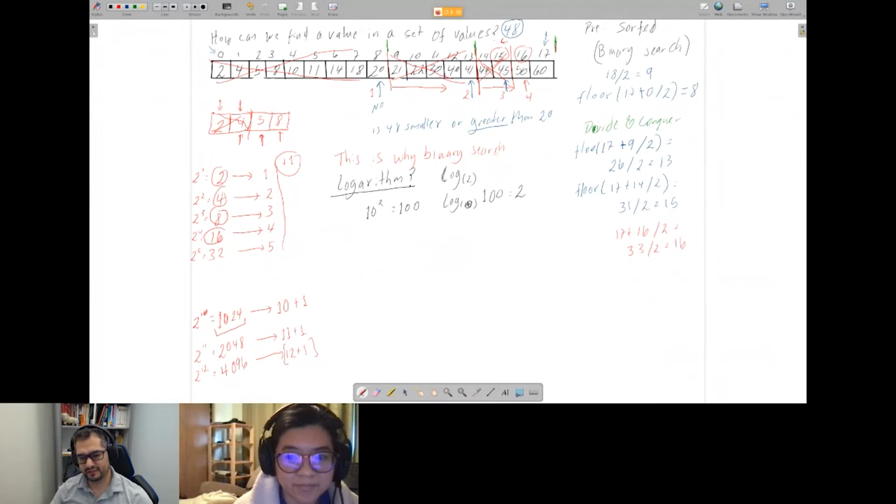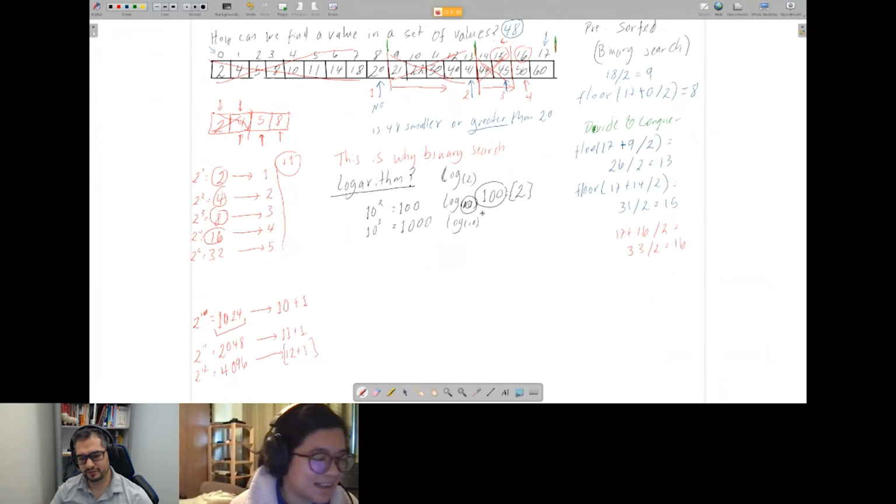It's the power to which I need to elevate the base to get this value, right? If we have 10 to the power of 3, that is 1,000.